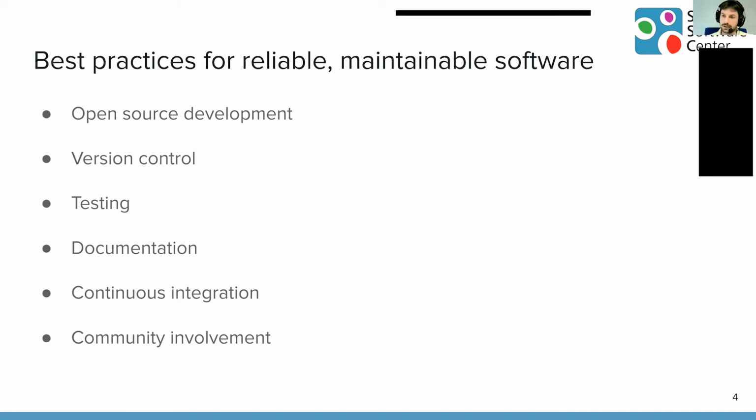So one is continuous integration, which is just having a server or a system which automatically does things as you make changes to the code. It could be running the test suite, it could be formatting your code. And community involvement is a very broad topic, but at the very simplest level, it's just providing a way for people to be in contact with you to report bugs or suggest new features. So I'll go through each of these with some more details and then show a quick example for each case.